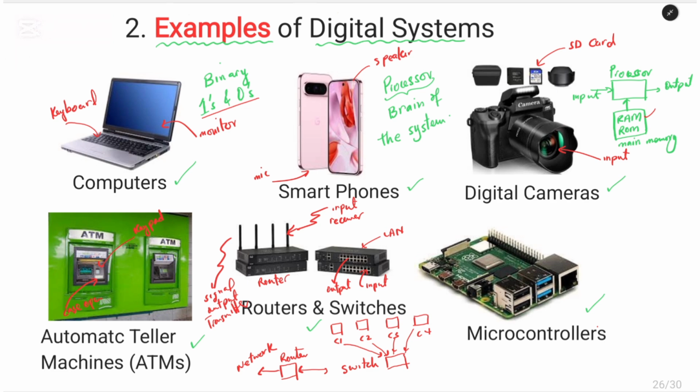And finally, you have a microcontroller. A microcontroller is a system that we will discuss later on in the course, and it will be used most of the time. So a microcontroller can be regarded as a computer on its own, and it has the processor plus a memory.